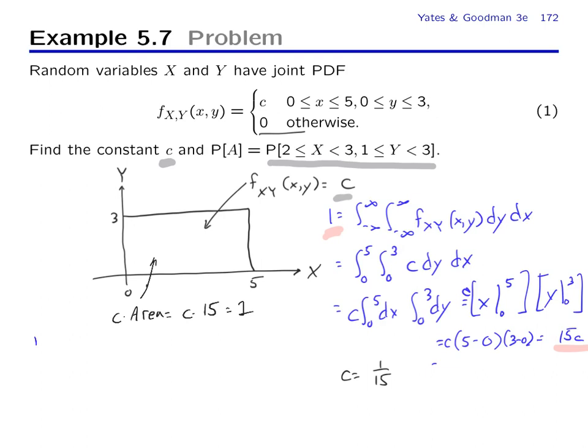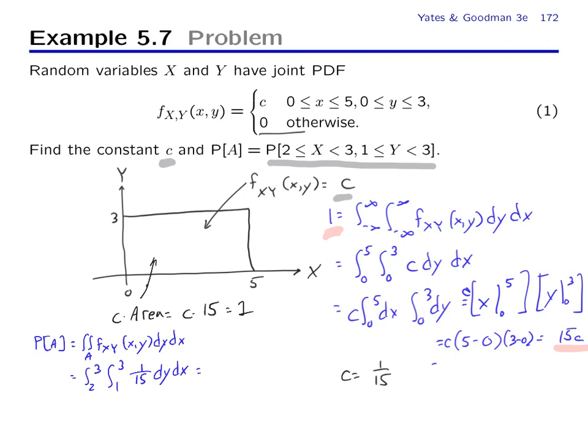The rest of this problem is to find P of A, and this is some pretty straightforward calculus because you're just integrating over the region A the joint PDF of x and y. Right, so this is the integral of x from 2 to 3 and y from 1 to 3, and we put in the value of the joint PDF, 1/15, and then we write dy and dx.